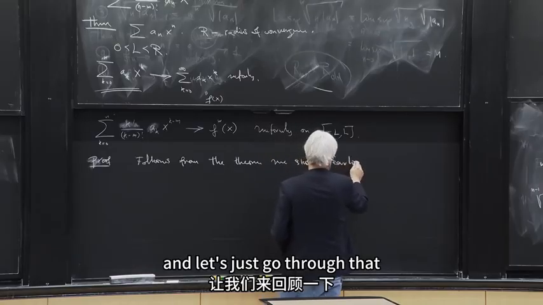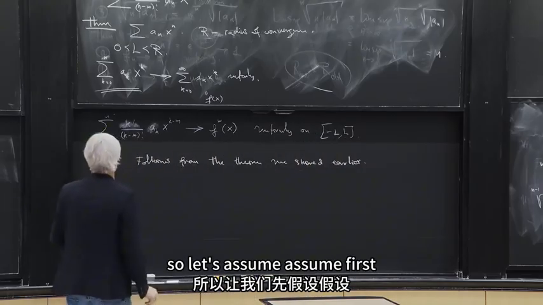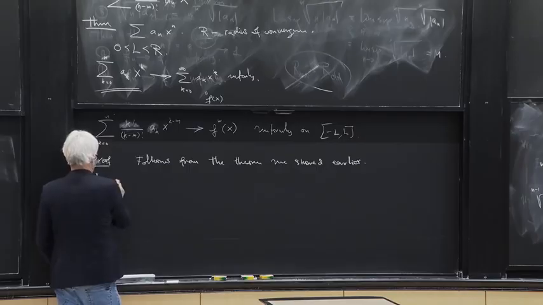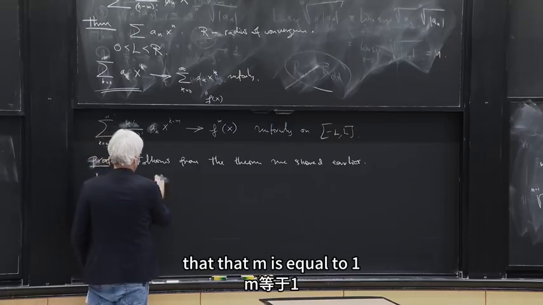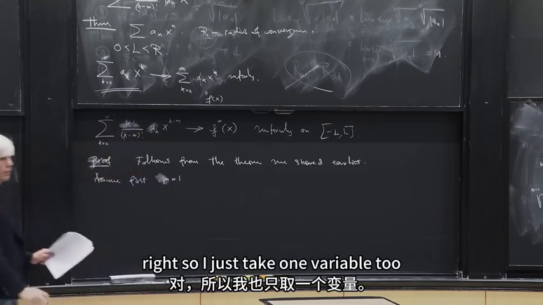And let's just go through that. So let's assume first that m is equal to 1. Right, so I just take one derivative.